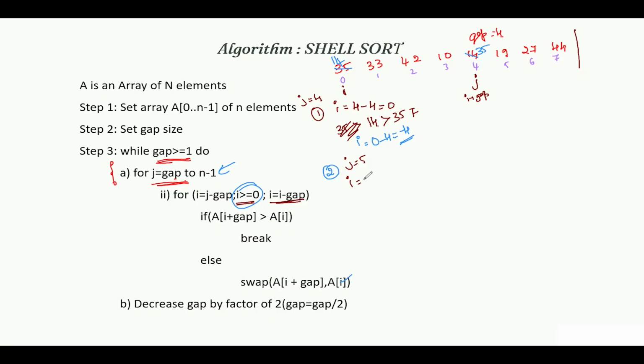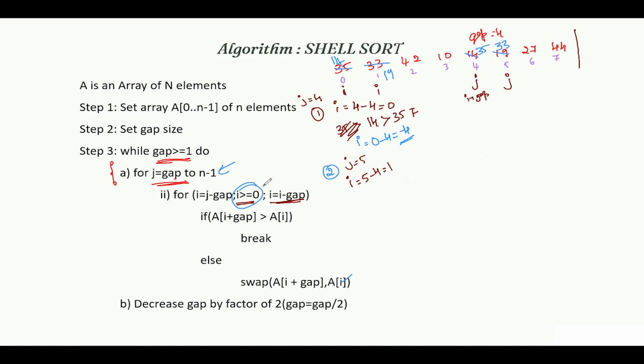So i is going to be j minus gap, which is 1, which means the i value is moved over here. And of course, the j value is incremented. This is just like I told you before. We are going to simply increment and compare. Okay, so once again, compare the value of 33 and j. As you know, this has to be swapped, hence we will swap. So 19 is going to come over here and 33 is going to come over here.